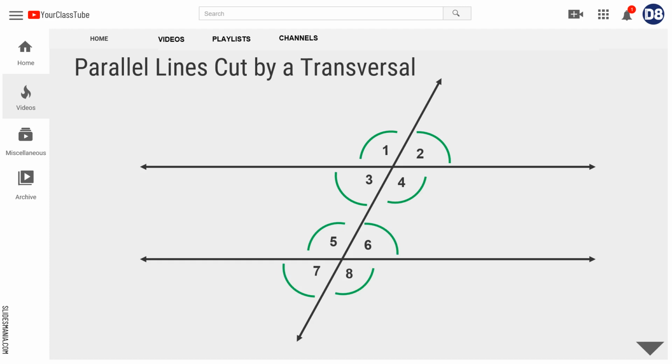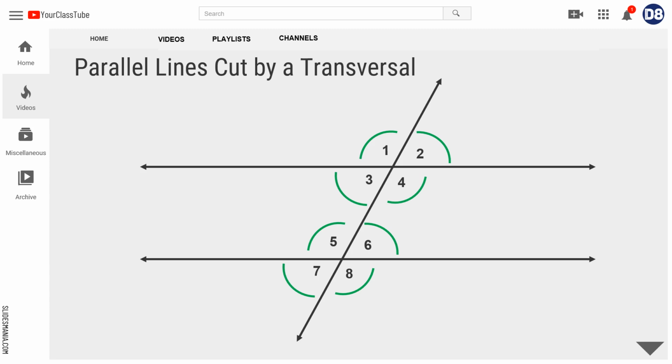So, we have angles 5, 6, 7, and 8. Our week 3 lesson revolves around this. We will learn the different angles formed by parallel lines cut by a transversal. For this particular video, let's focus on just two so you won't be overwhelmed, and then we will continue on the next video.